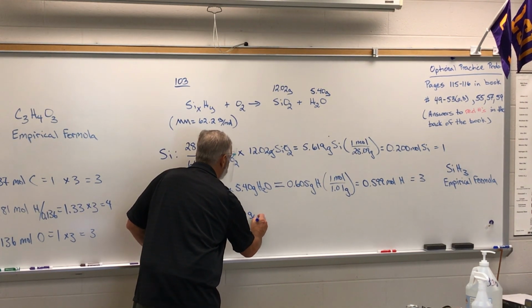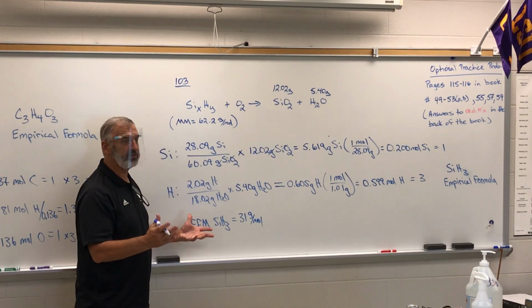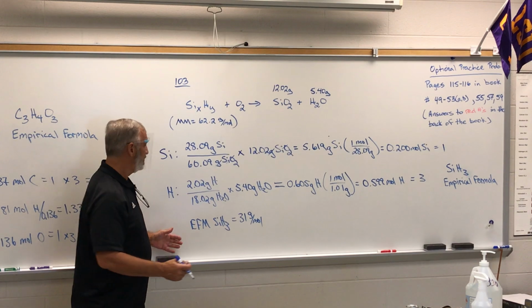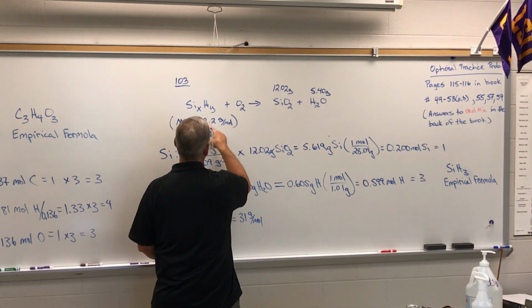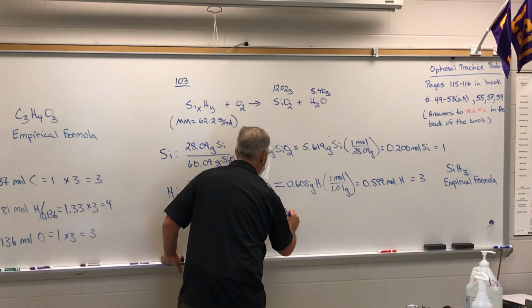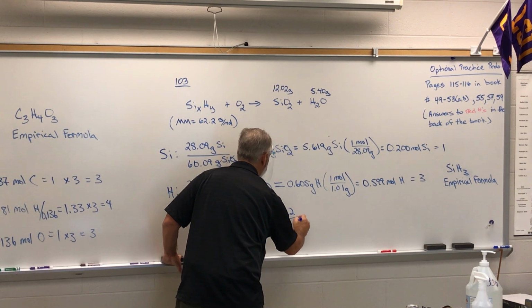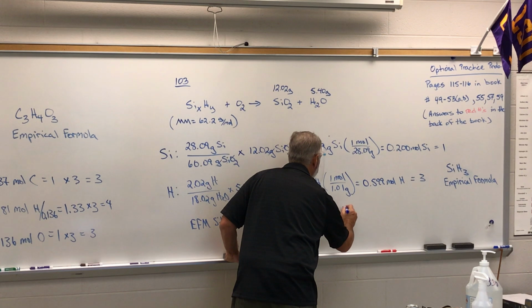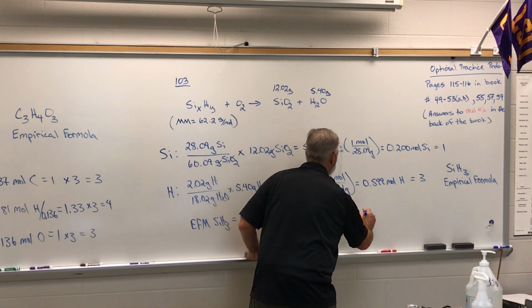And you can just go generic on this, you don't have to carry it all out, because we're just trying to find the ratio, so I don't worry about decimal points here. So I go with the molar mass that's given, 62.2 divided by 31. I know that's going to equal 2, so Si2H6 is the molecular formula.